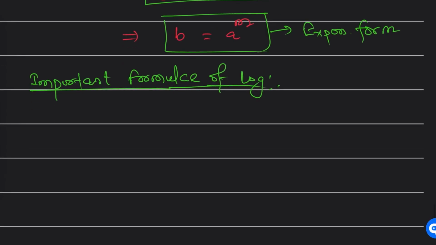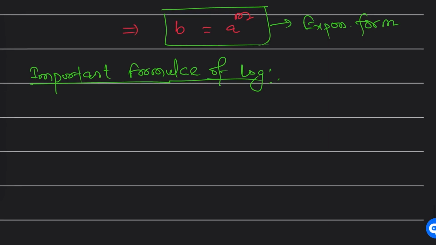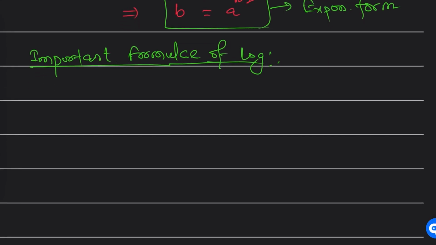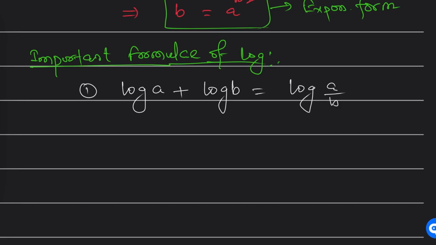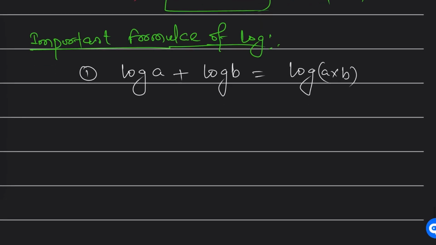Sir, here base may be anything, I'm not considering base should be 10 or base should be e, base may be based on question requirement. If base is anything, then you can write the first formula: log of a plus log of b is log of a into b, a multiplied by b.